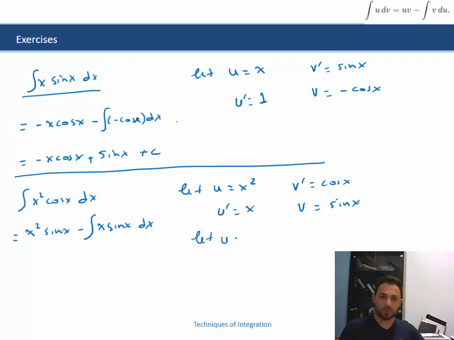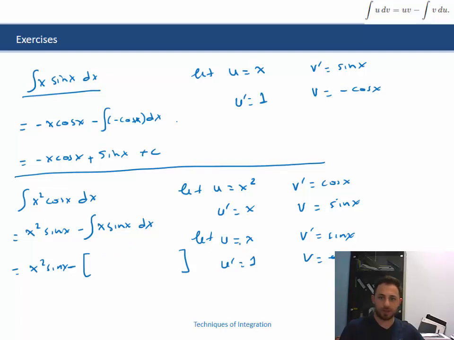You need to say let u maybe equal x, u prime equal to 1, v prime equal to sine x, v equal minus cosine x. You keep this term as it is, minus, and we need to employ the integration by parts for this term.